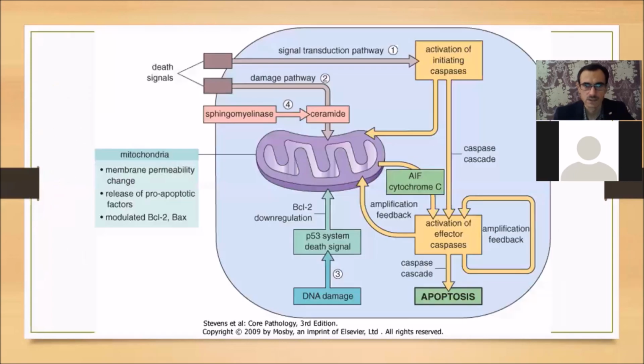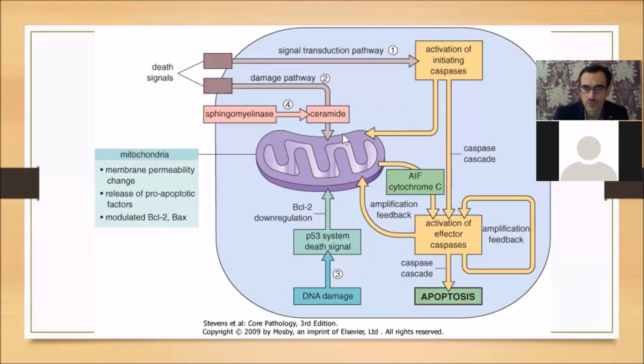Here we have a schematic illustration of the apoptotic pathways. As you see, the first is the signal transduction pathway by environmental signals that affect the cells. Then the damage pathway. Then third, the DNA damage, and here you see the mitochondrial damage.